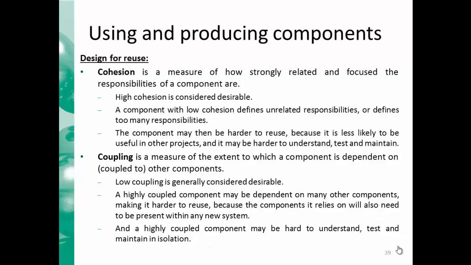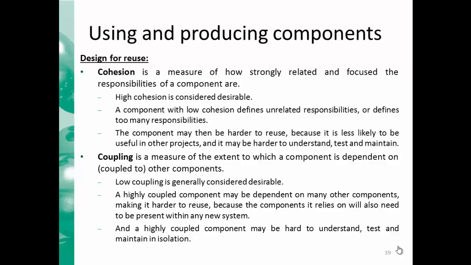Now we come to design for reuse. When we design our components for reuse, we need to build them carefully, and we need to consider two main characteristics in these components. The components must have high cohesion, and cohesion is the measure of how strongly related and focused the responsibilities of a component are.